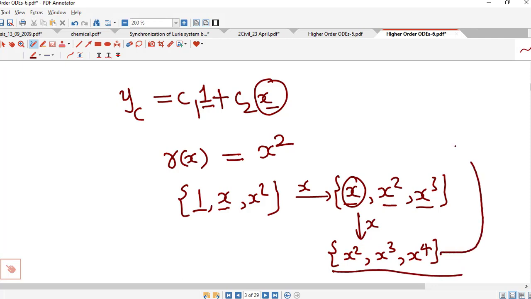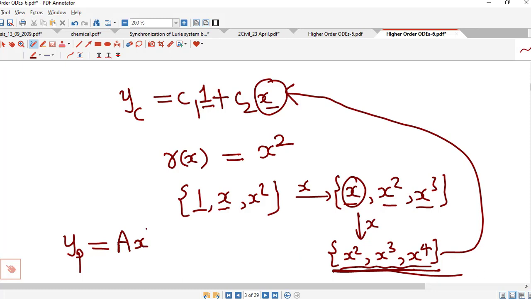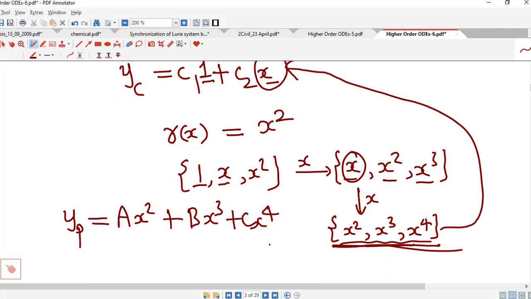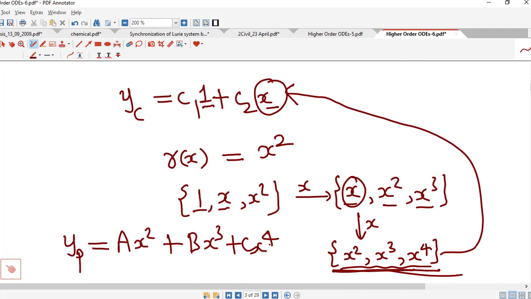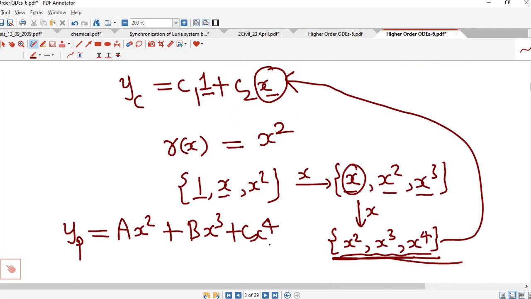Now no member of this family is present here, so this will be the modified family which we can use to write down the choice for particular integral. So now the choice for particular integral is a linear combination of these three functions, ax square plus bx cube plus cx raised to 4. Okay, so this is how modification rule works.